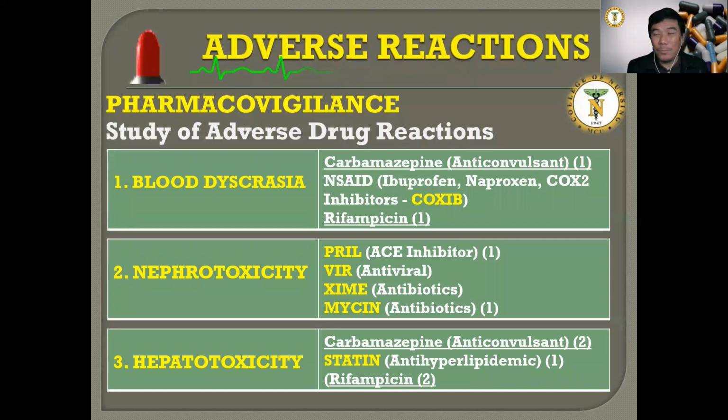From this slide, it already showed that rifampicin is an antibiotic, an anti-TB or tuberculosis drug, that may have chances to cause bleeding or blood disorders, and chances also to affect the liver. If you will notice, it seems the blood and the function of the liver are connected.